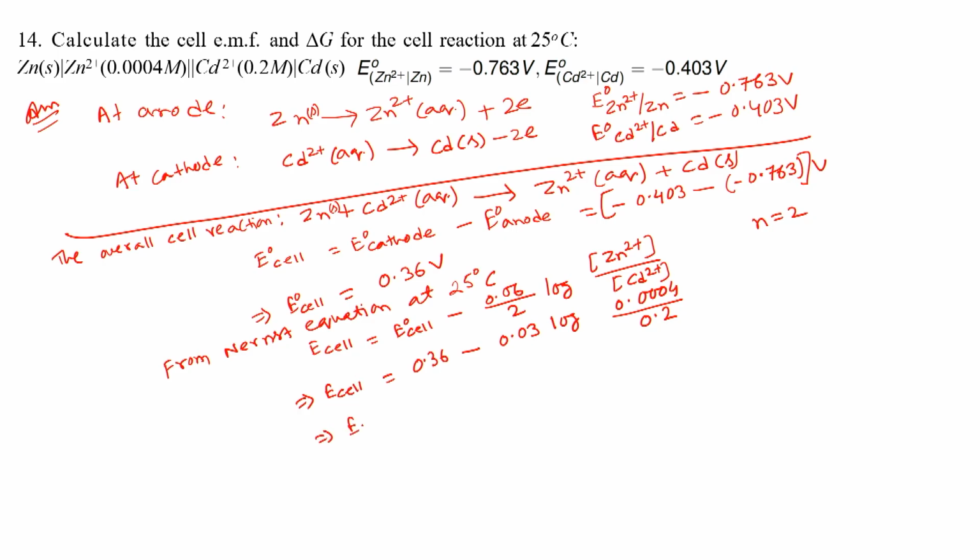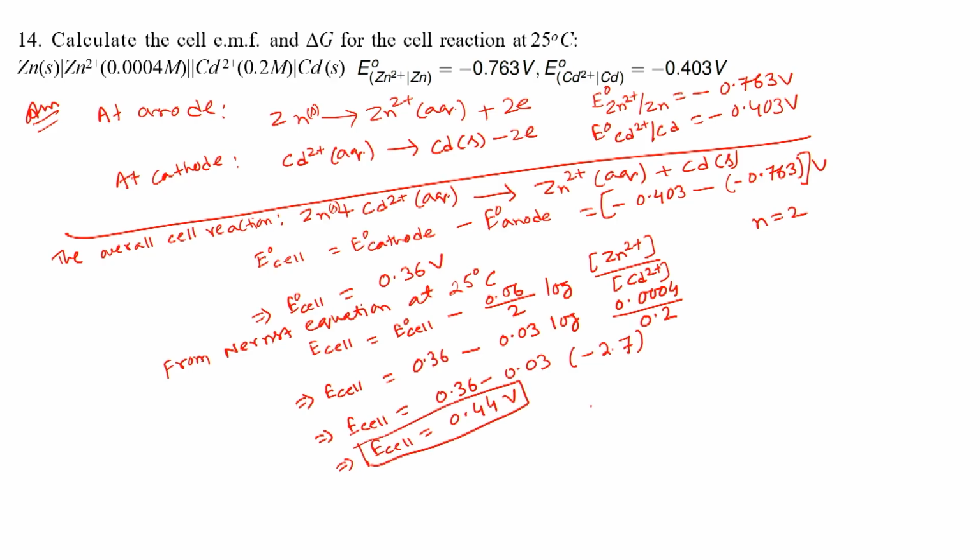So E cell will be, if we calculate this one, 0.36 minus 0.03 and log of this value will give you minus 2.7. So if we calculate this one, we get E cell is approximately 0.44 volt. So this is the value of E cell.